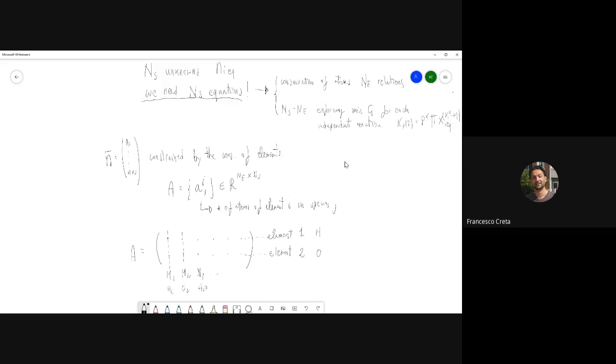And then you construct very easily this matrix by asking yourselves, how many atoms of hydrogen do I have? In H2, I have 2. How many atoms of hydrogen do I have in O2? 0. How many do I have in water? 2, etc. Okay, so this would be 2, 0, and 2, and so on.